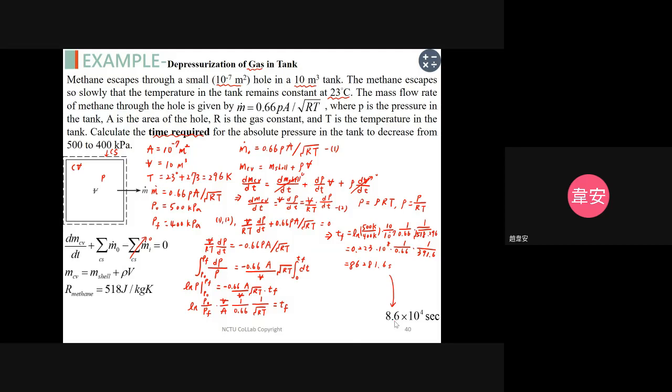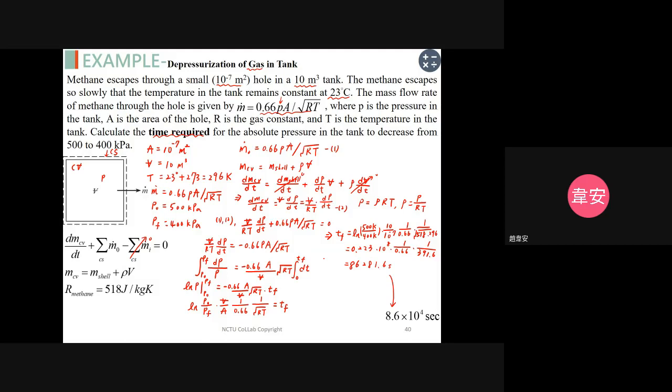That means the time required for the pressure to change from 500 kPa to 400 kPa is quite long, and the gas escapes from the hole very slowly based on the mass flow rate shown here. We know that the higher the pressure, the larger the mass flow out.